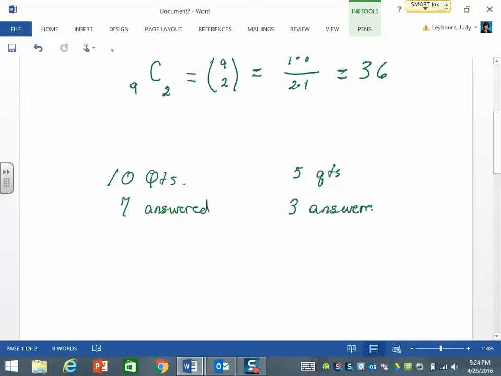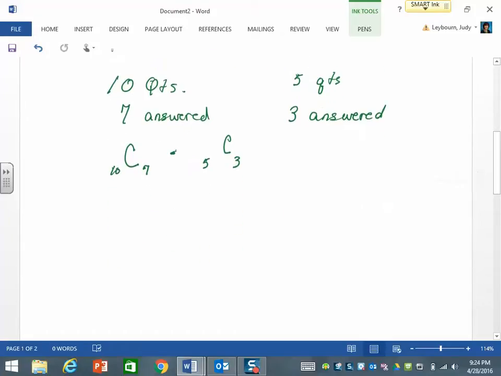So the number of different combinations, well, it would be 10 choose 7 times 5 choose 3. Well, again, that would be using the binomial coefficient notation. That would be 10, 7 times 5, 3.